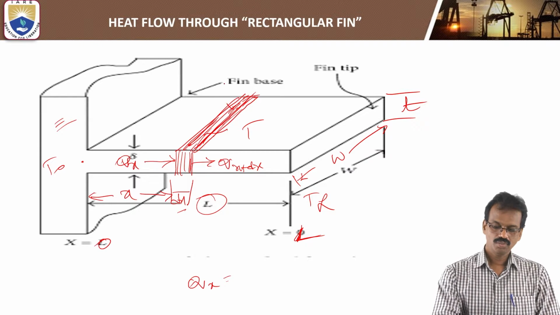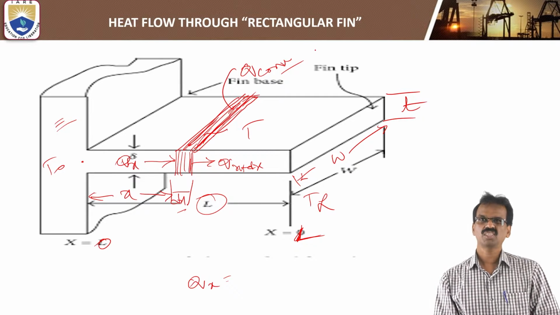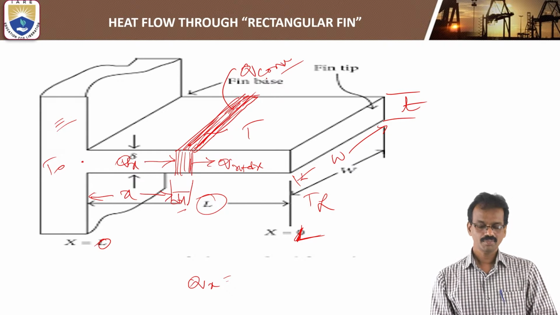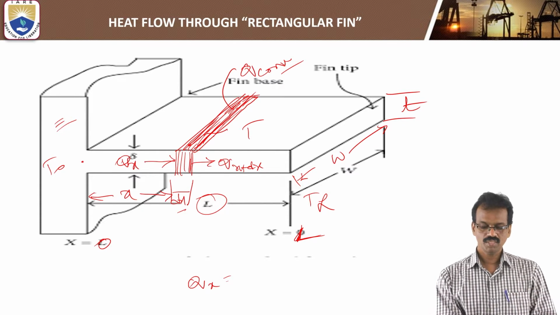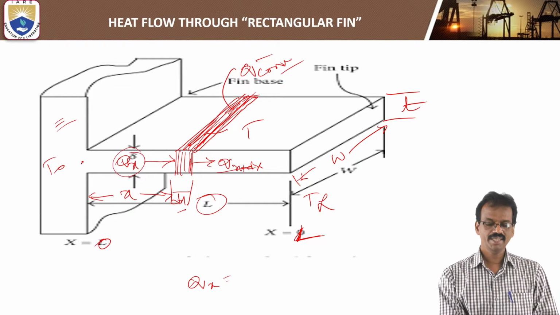Next, Q convection is the rate of heat transfer through convection mode. It means in the small elemental area, heat transfer takes place by two modes. One is conduction, another one is convection.